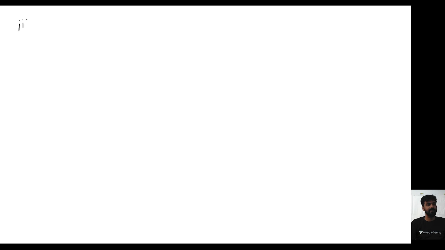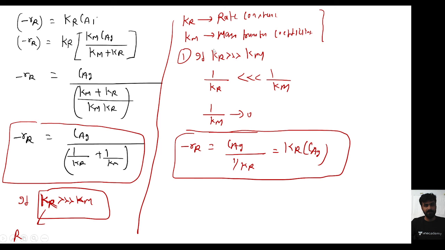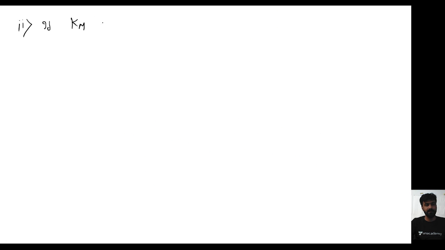Second, if Km is very much greater than Kr, so 1 upon Km is very much less than 1 upon Kr.